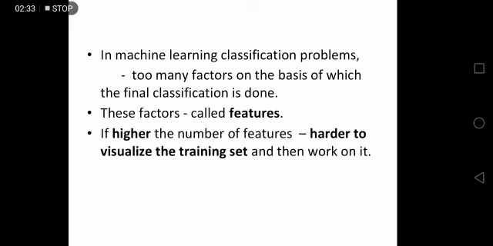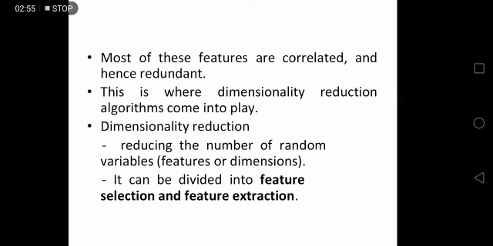In machine learning classification problems, there are often too many factors on the basis of which the final classification is done. These factors are basically variables called features. The higher the number of features, the harder it gets to visualize the training set and then work on it. Sometimes most of these features are correlated and hence redundant.